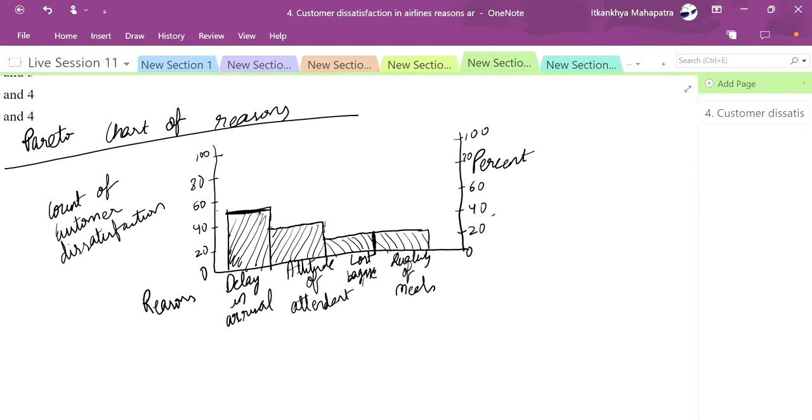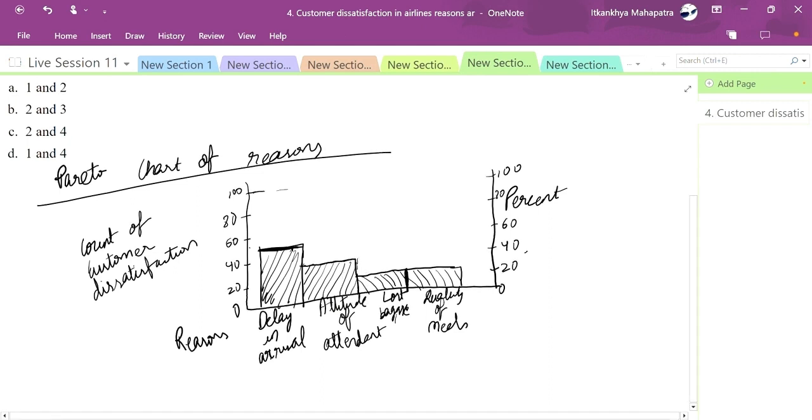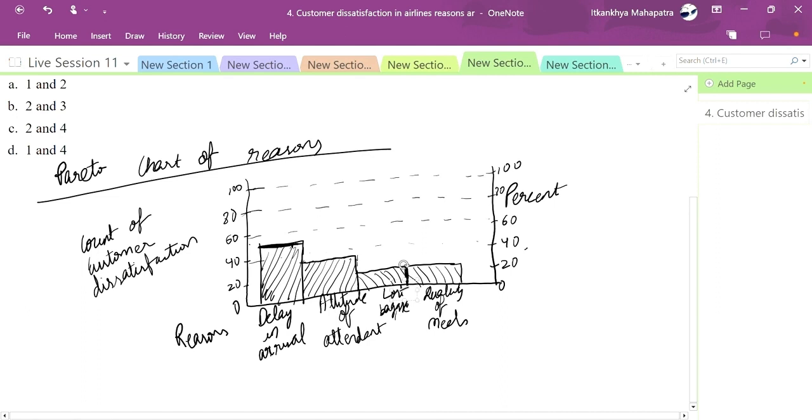Now, according to this, we will draw the Pareto chart of reasons.